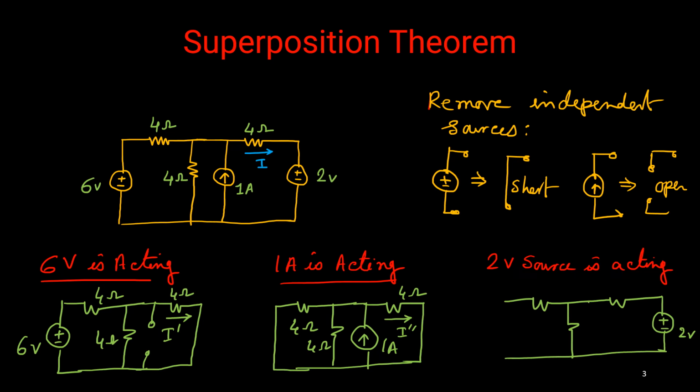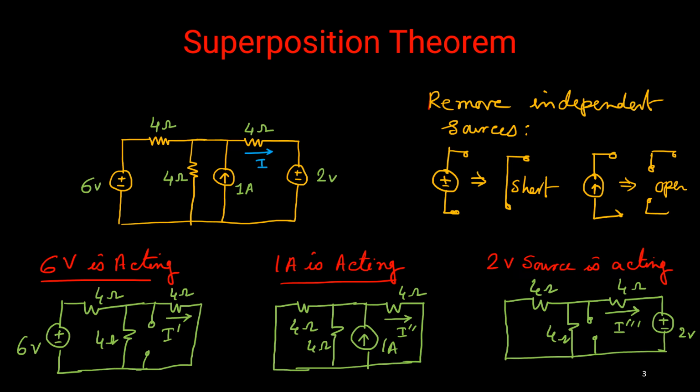You see this current source I have removed by open circuit, and the 6 volt source I have made shorted. So this is your 4 ohm, 4 ohm, it's also 4 ohm. Now again we need to calculate this current, and this time suppose the current is I triple prime.